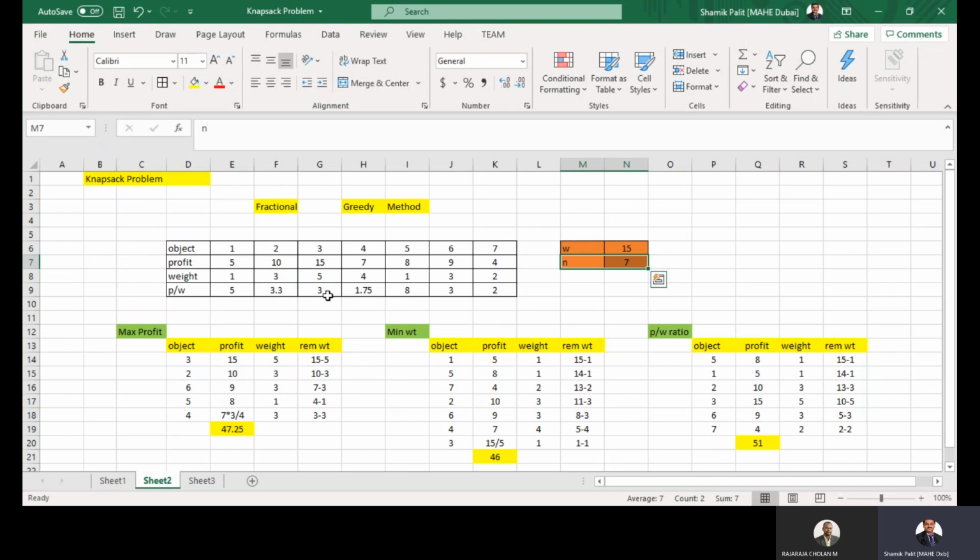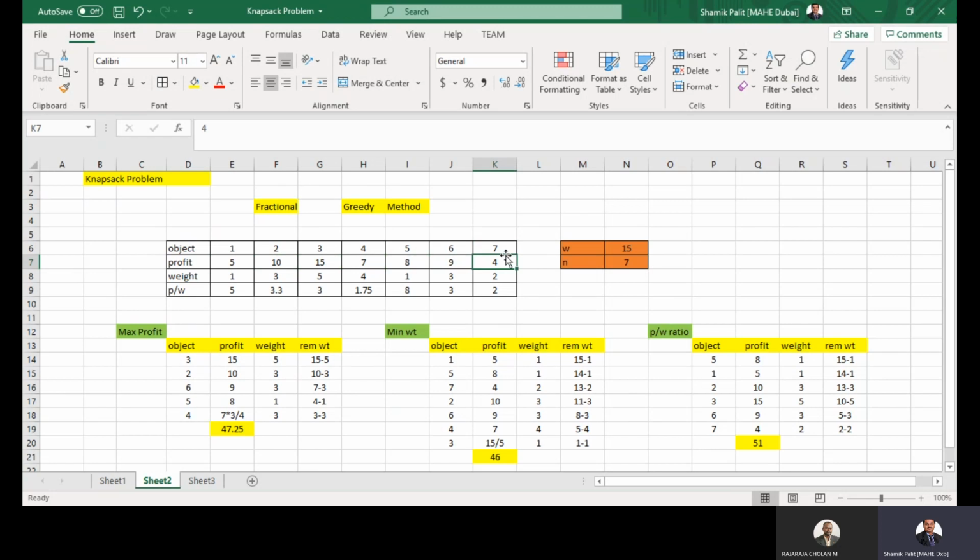Every object is identified with a particular object ID, like 1, 2, 3, 4 till 7. We have a total of 7 objects. The problem statement is almost the same as last week. The profit associated with every object is, for the first object 5, second object 10, then 15, 7, 8, 9 and 4. So these are the profits.